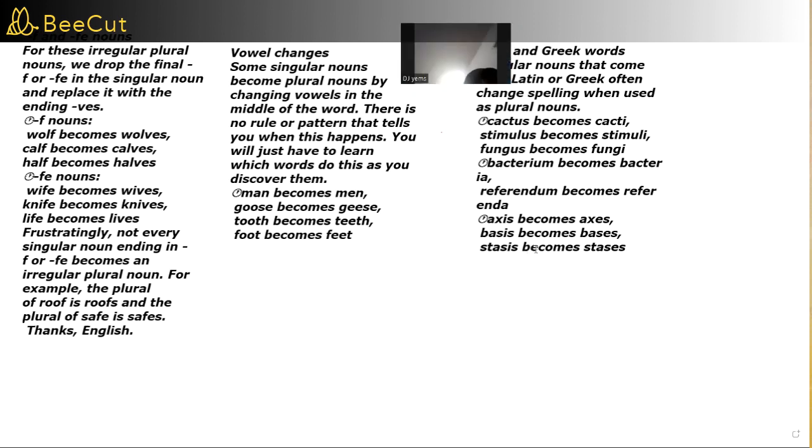Okay, let me ask a question at this point. Are you with me? Yes, sir. Okay, Saeed. We have mentioned regular nouns that you just add s to, or you add es to, to become plural.